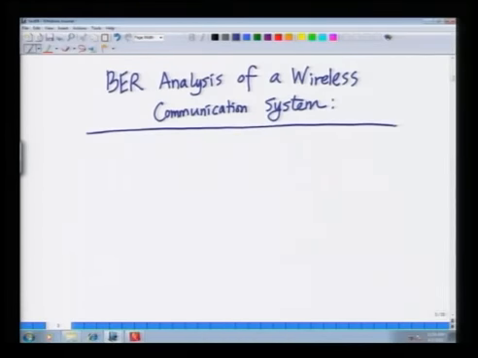I am going to start with the bit error rate analysis of a wireless communication system.